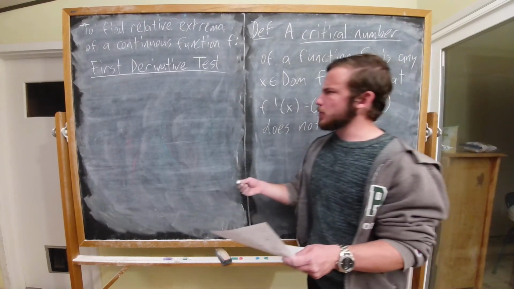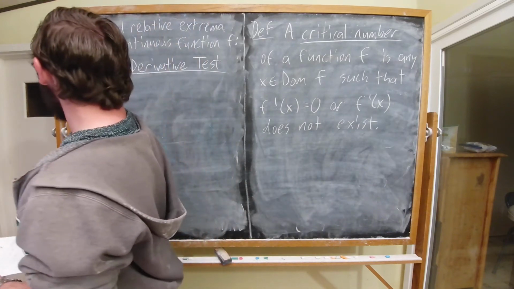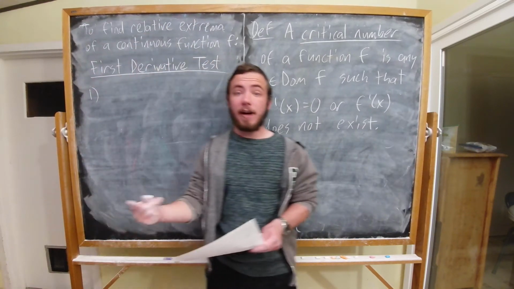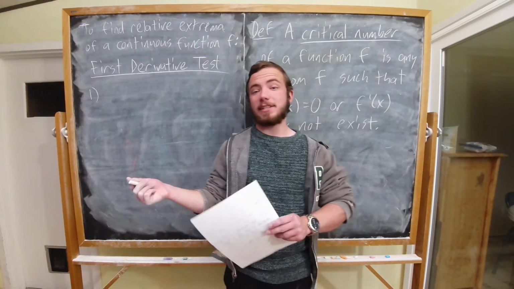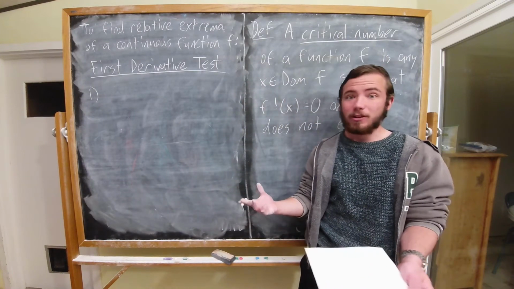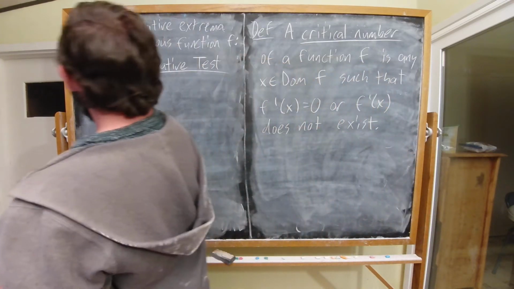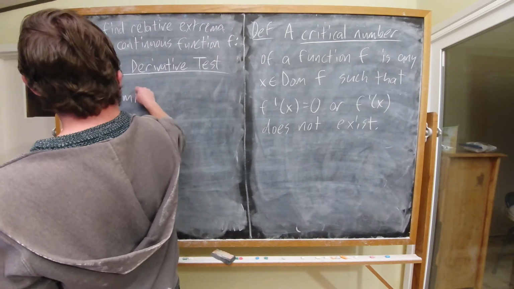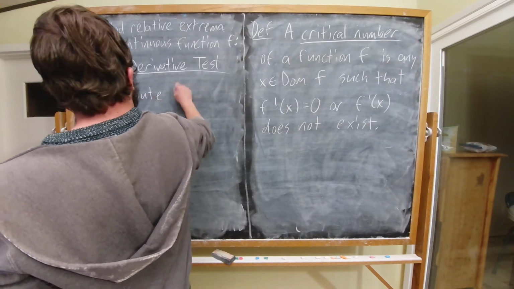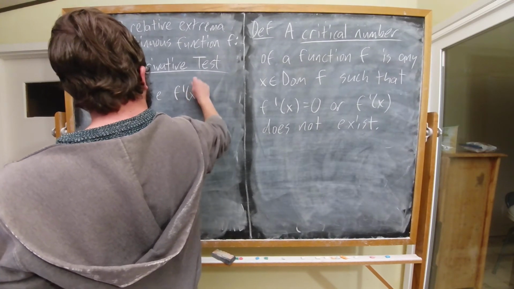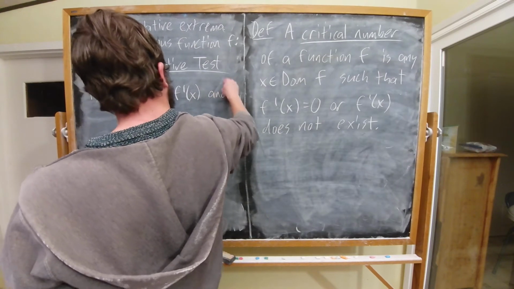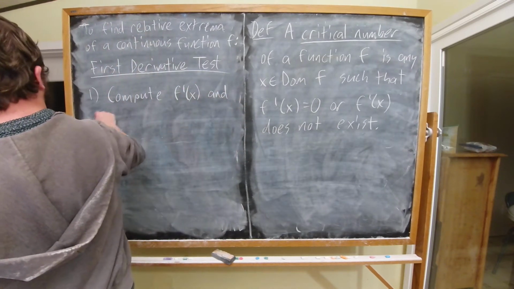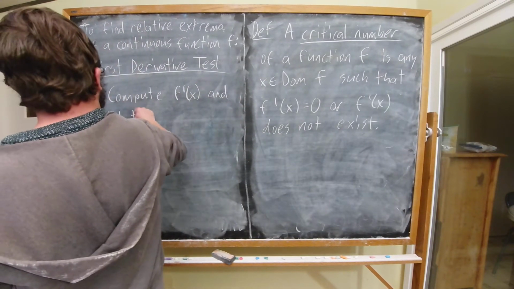Okay, our first derivative test is going to be nice and simple. Very similar to finding those regions of increasing, decreasing. In fact, you're going to be doing all of it at once. First step, compute f prime of x and find the critical numbers of f.